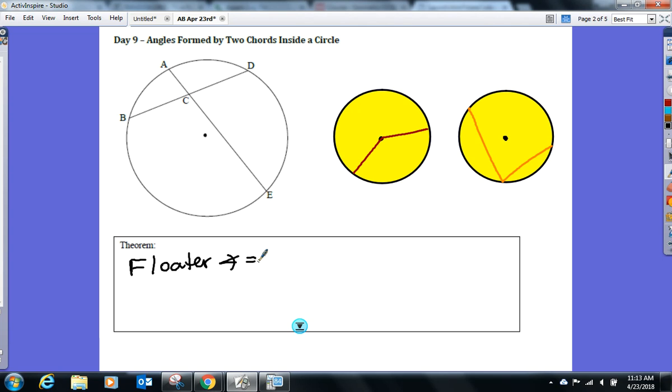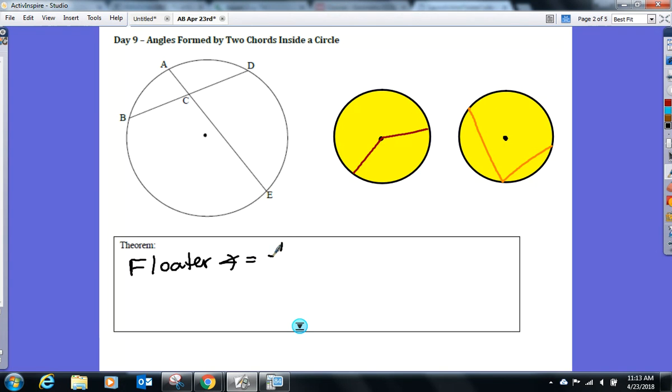There's 4 of them right here. The vertex is C. Is that the center? No, it's not central. Is it on the circle? No, so it's not inscribed, so it's just kind of floating inside the circle. Here's how we find a floater angle.